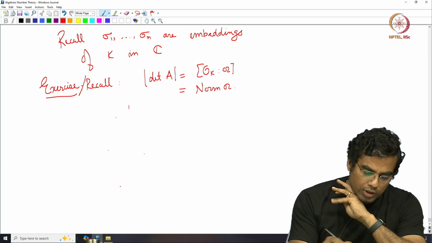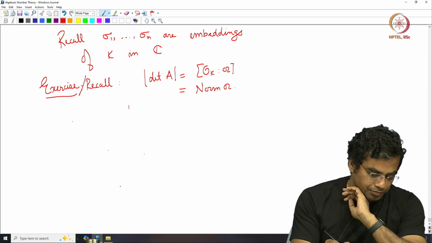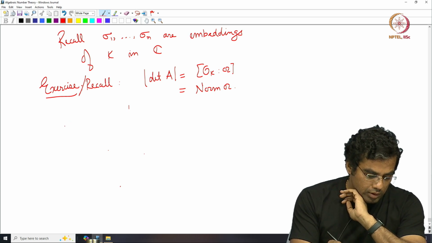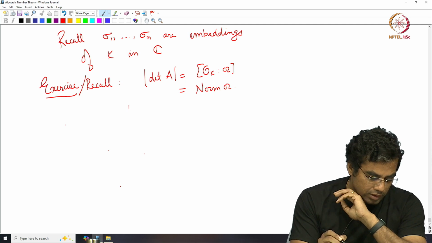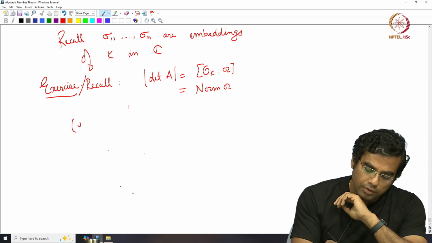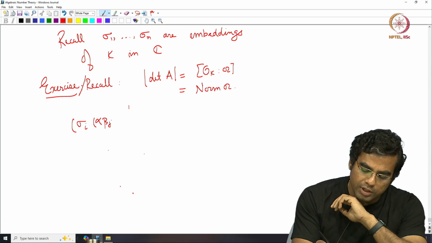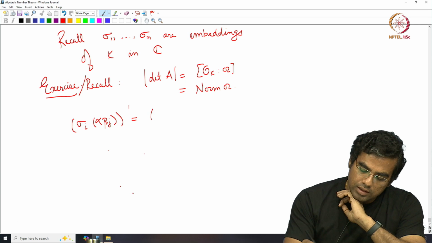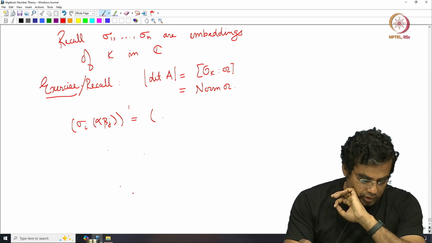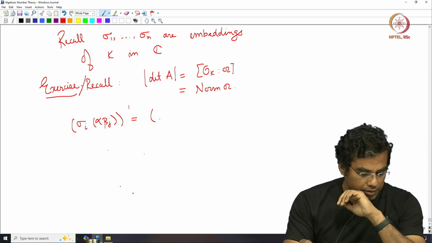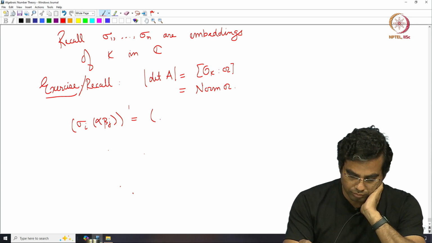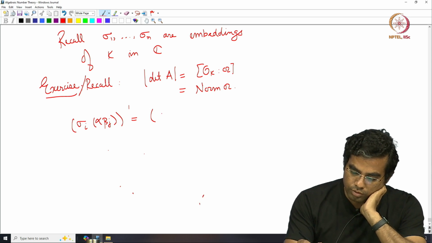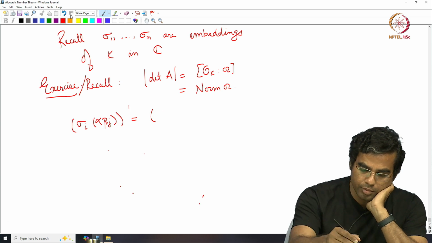Now, the next thing we notice is the following. If you take sigma I of alpha times beta j, then you can write this as a diagonal matrix.